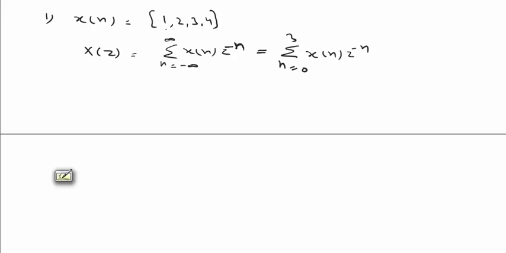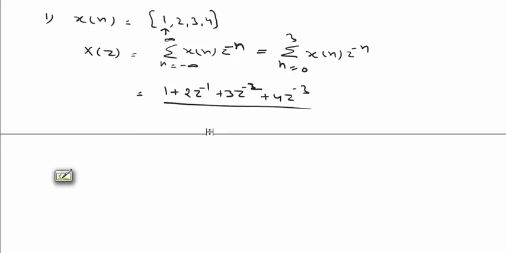In this sequence, no arrow mark means the first term is at location 0. By putting all the values, 0 means 1, 1 means 2z inverse, 2 means 3z square, 3 means 4z cube.